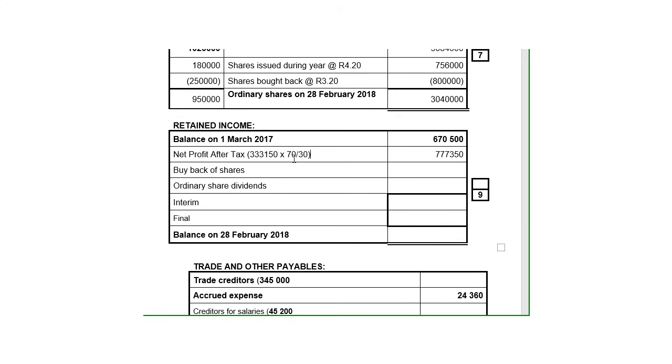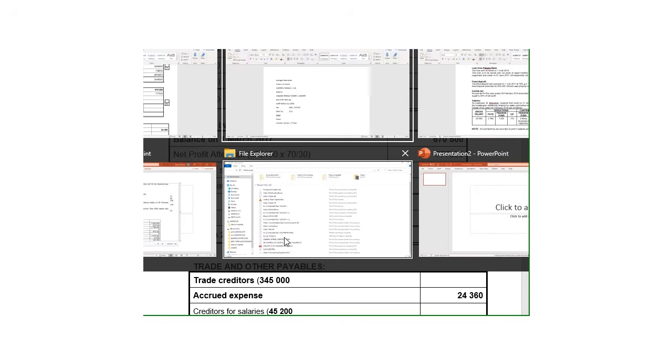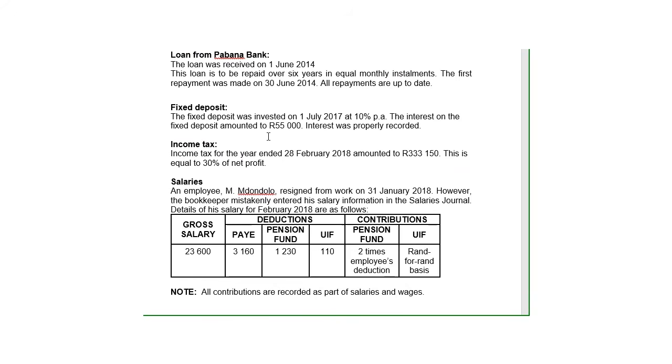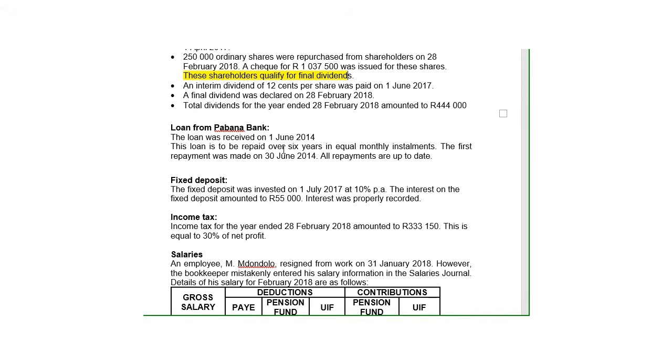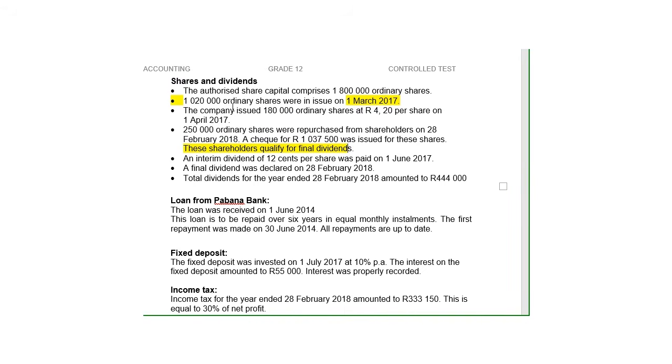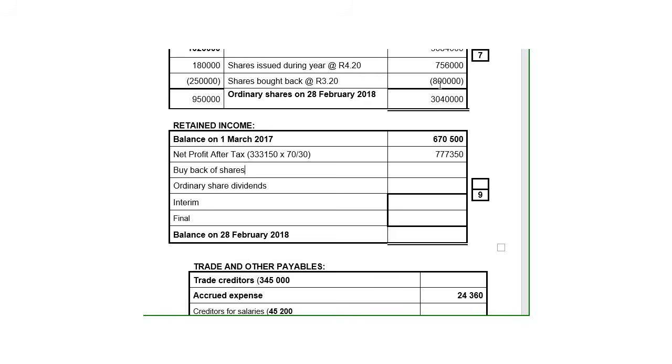Good. The buyback of shares. If I go back to the information, they told me, under the shares, that 250 were repurchased, and we paid a total of 1,037,500. But we know that we calculated the average portion that we had to pay from capital.